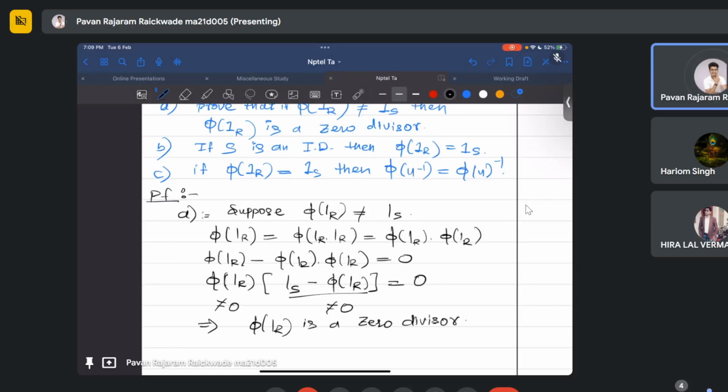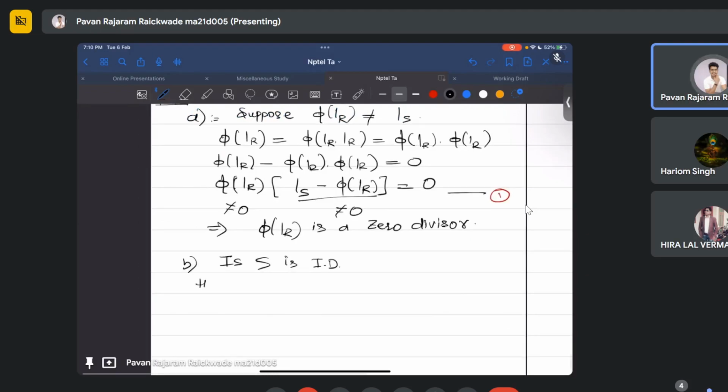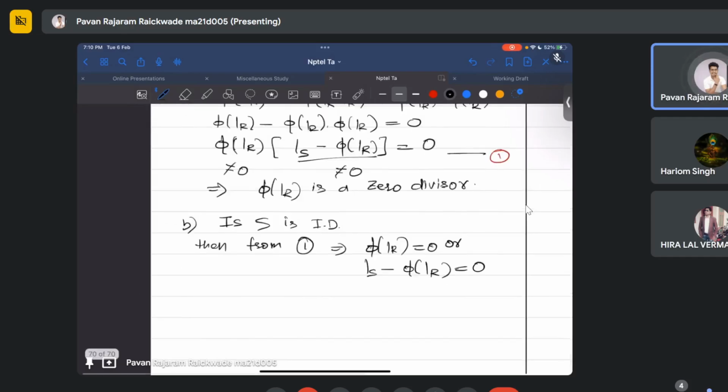Yeah, that's all. And in part B, if I label this as equation 1, and S is an integral domain, then from 1 you should conclude phi 1R equals 0 or 1S minus phi 1R equals 0. But the first is not possible because phi is a non-zero map.